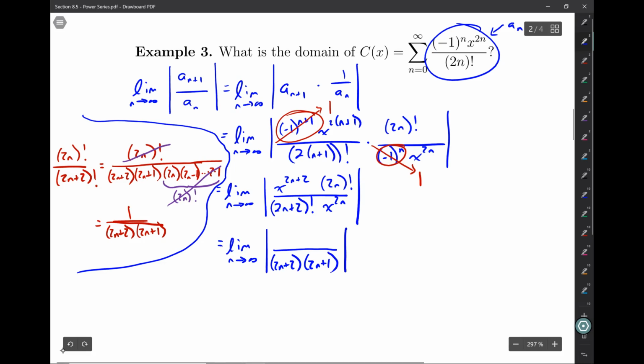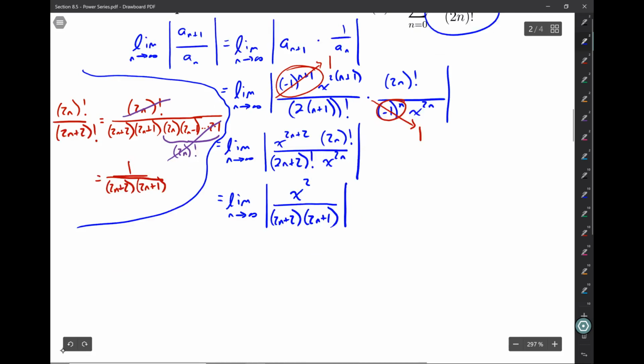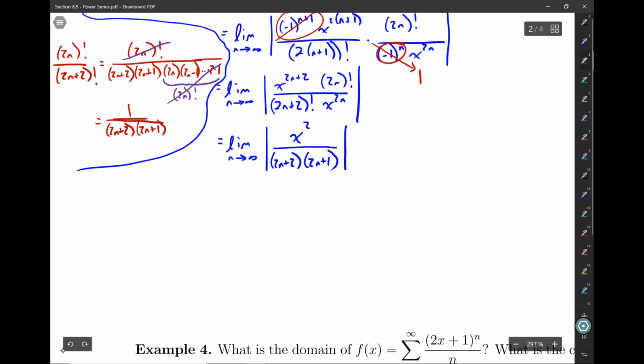On the other hand, we have an x to the 2n plus 2 over an x to the 2n. That just leaves an x squared in the numerator. Just to see that detail, I want you to remember that if you have x to the m divided by x to the n, then by the laws of exponents, this means that we have an x to the m minus n.